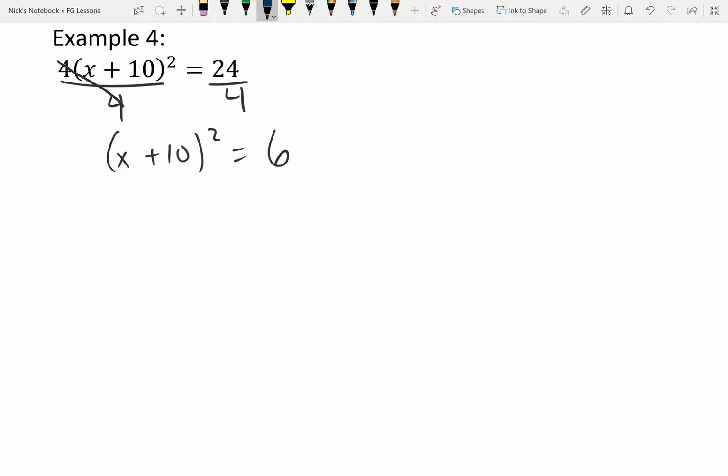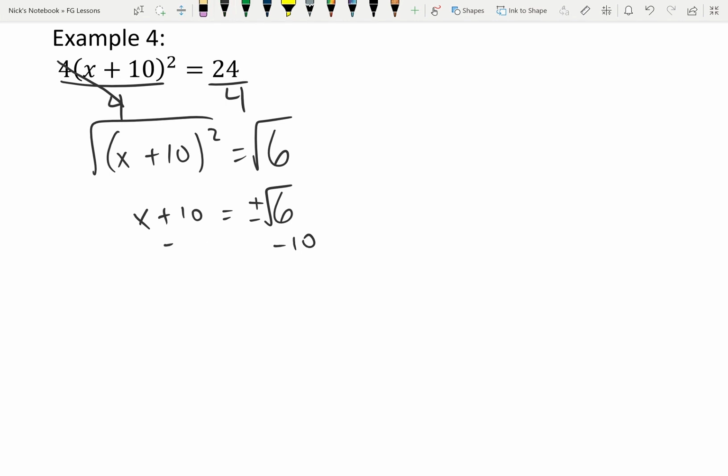Now we're back to something pretty familiar. We can undo this square by taking the square root on both sides. So we now have x plus 10 equals plus or minus square root of 6. Still plus or minus. This is the fun part. Now we can subtract 10 on both sides.